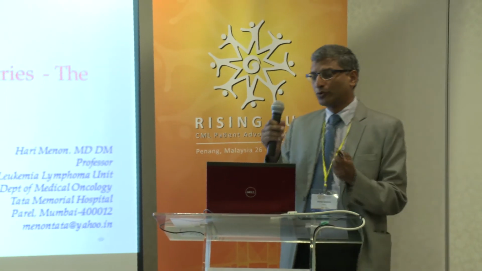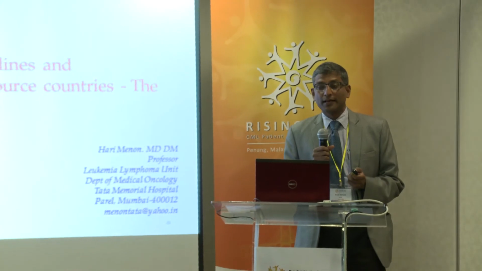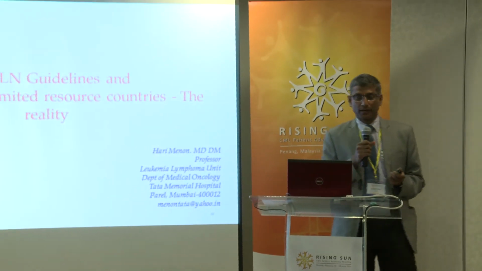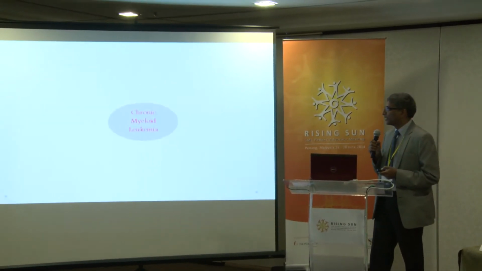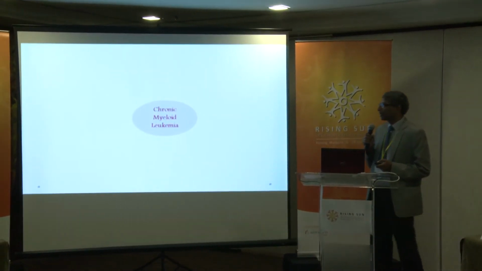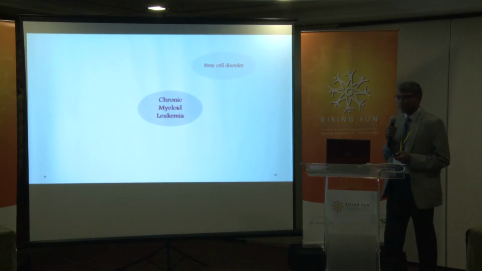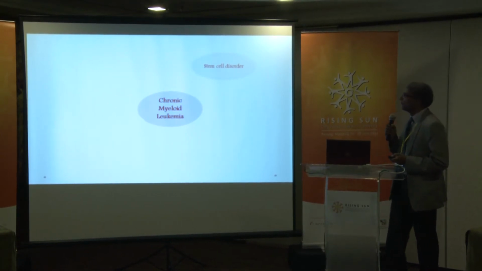So in order to take you through the understanding of why monitoring should be done, I will go through some of the basics of CML initially. So we have chronic myeloid leukemia. It's a stem cell disorder, as you all know.